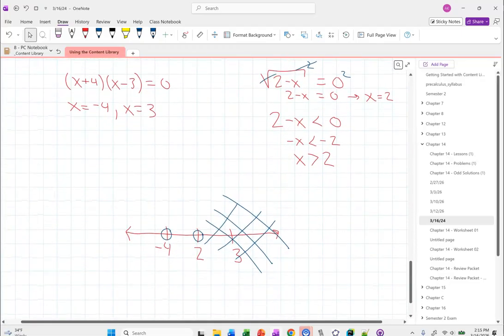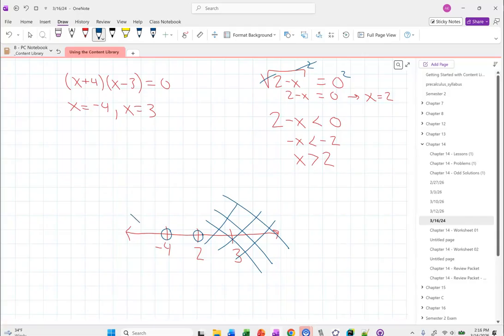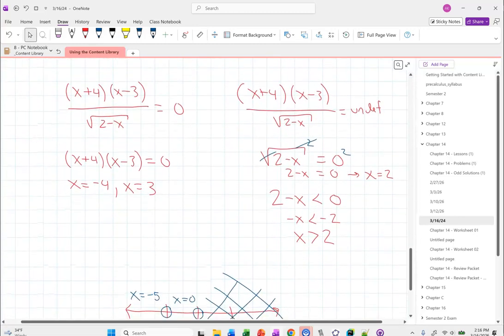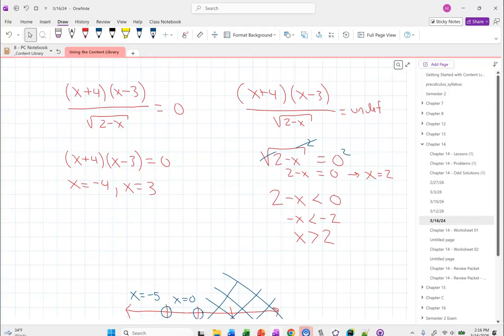How many test values am I going to need? It's just 2. Let's pick negative 5 and 0. Sound good? If I plug negative 5 into here, what has to come out of a square root? A positive, always. So I don't even need to worry about the bottom.